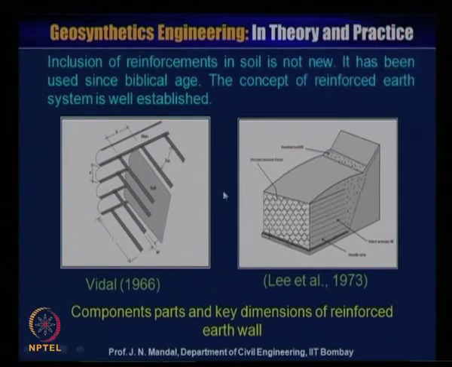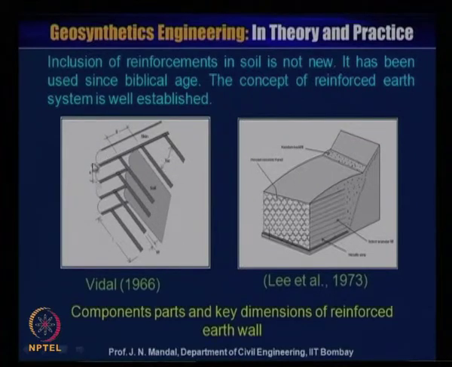And here you can see this is the metal strip, it acts as a reinforcement, and this is a facing element, and it can be placed vertically and also horizontally.